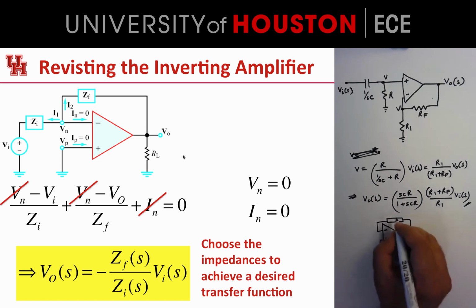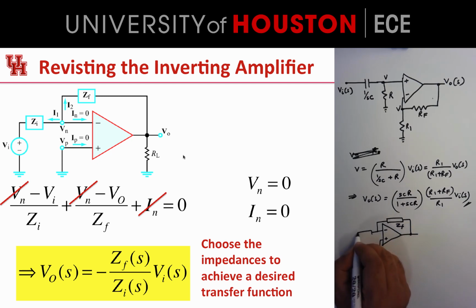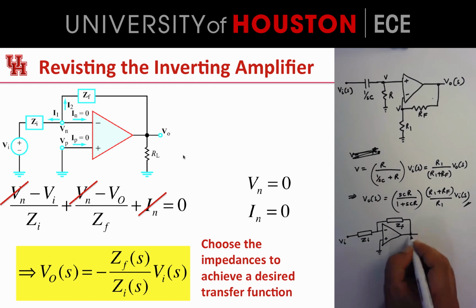Suppose I call it Z sub F. And now we have a general impedance here. I'm going to draw a box to indicate that. And this is input VI. So we call this ZI. So it looks like the same circuit, except before we used to have a resistor here and a resistor here. Now we can have some arbitrary impedances.